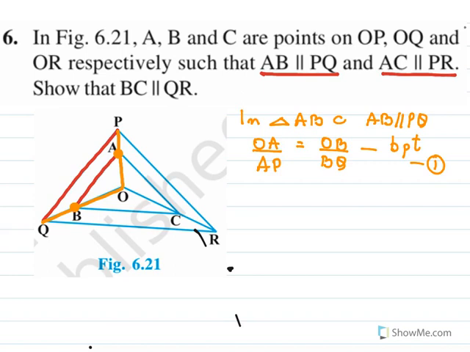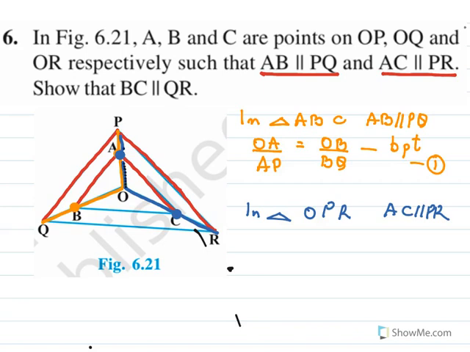Now we'll take up AC parallel to PR. So here we have AC parallel to PR. So I can now write that OA over AP is equal to OC over CR. These are the 2 points that divide OP and OR in the same ratio. In the blue triangle OPR, AC parallel to PR.